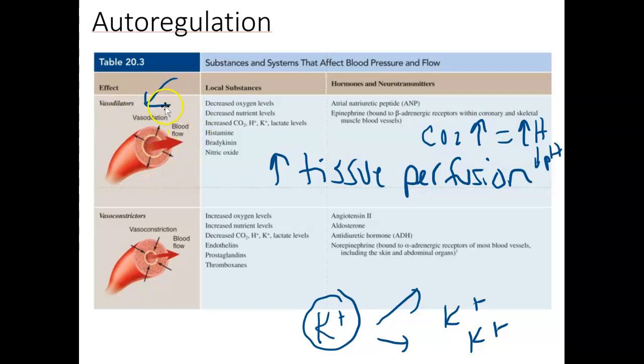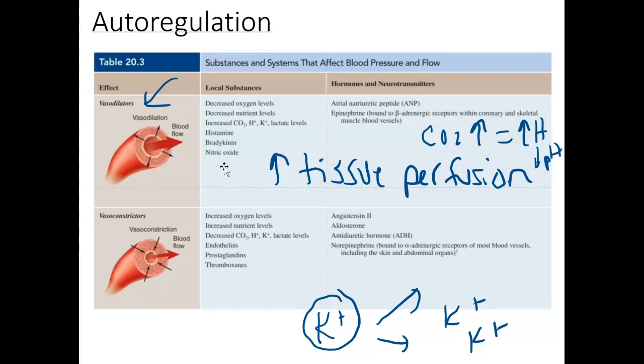When we vasodilate blood vessels, and histamine even makes them very, very leaky, that's what caused the heat and the redness and the swelling for inflammation. So it makes sense. We already said NO, or nitric oxide, is a very powerful vasodilator. We mentioned that even the red blood cell can release this, anytime it picks up hypoxia.